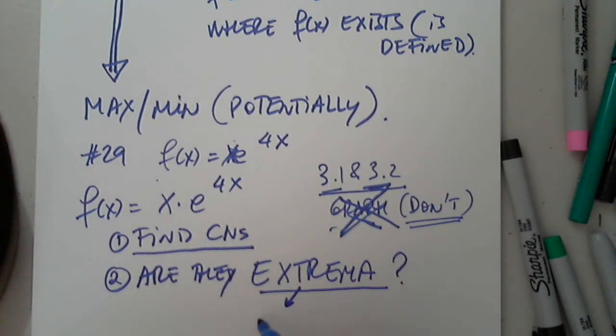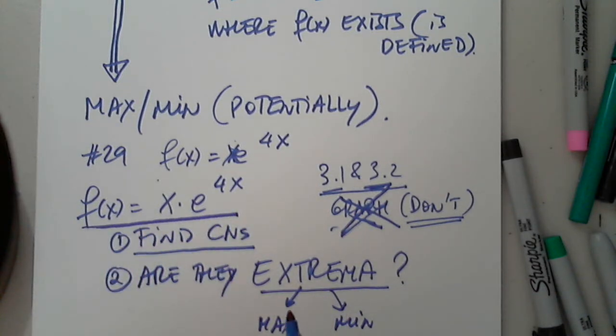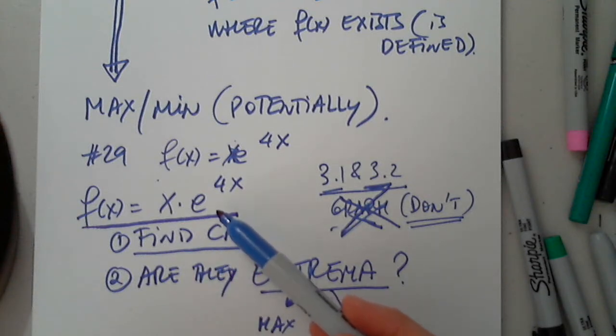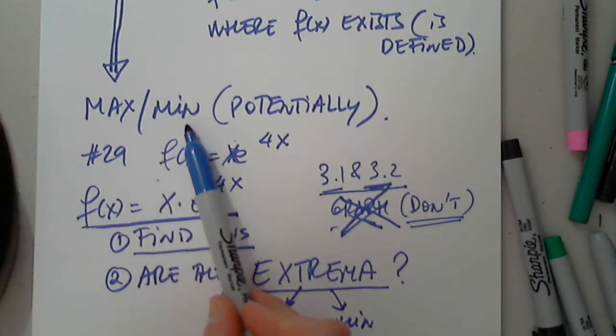This means either max or min. In general, we say extrema, points of extrema. So we are given a function and we're asked two questions. Number one, find critical numbers if it has any. And if you find critical numbers, do they turn into max-min?